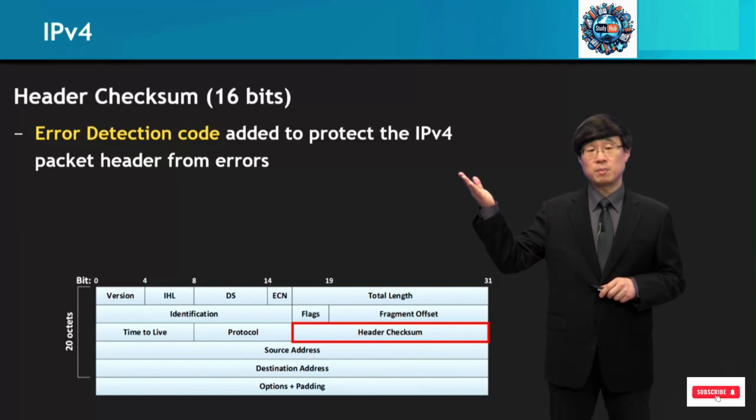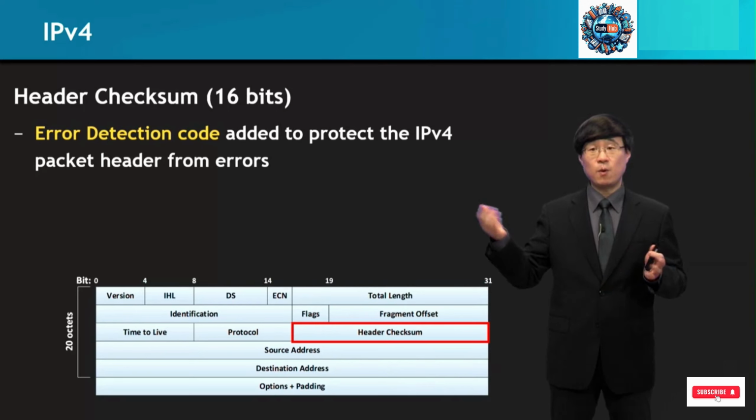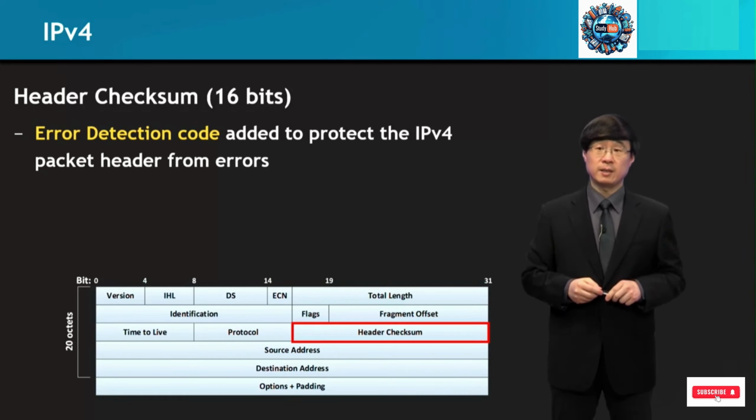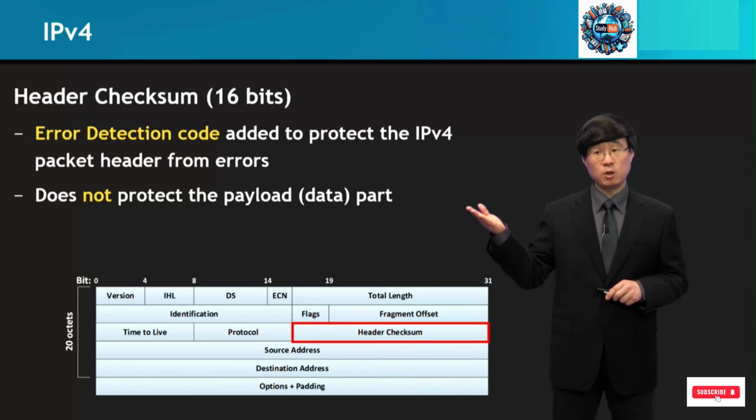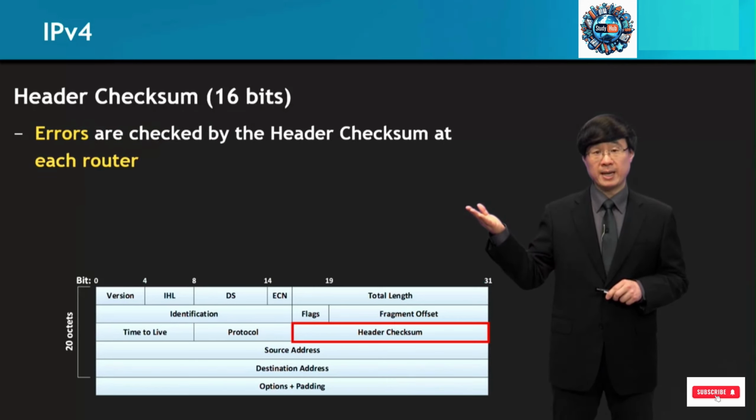The header checksum includes the error detection code such that the IPv4 packet header is protected. And it does not protect the payload part of the IP packet. Errors are checked by the header checksum at each router.